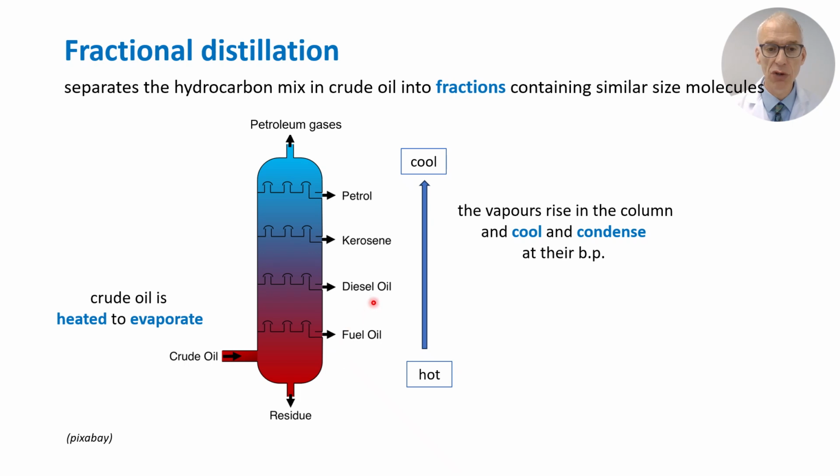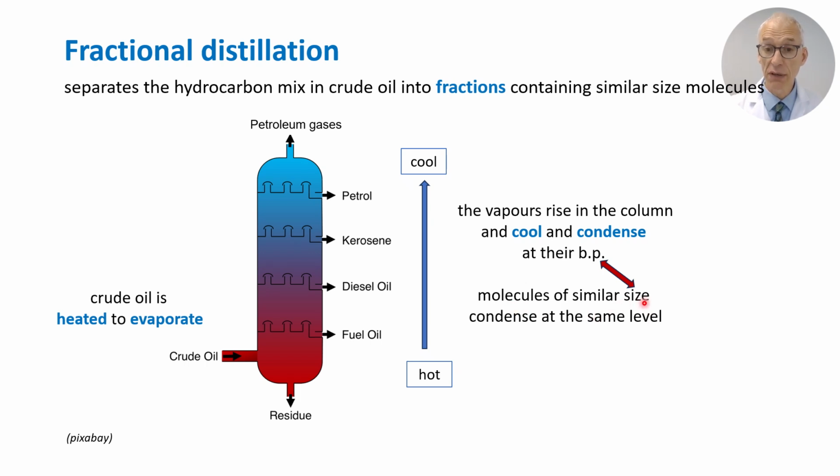Each of these groups of molecules have different boiling points because molecules of similar size, for instance those in the diesel oil fraction, will condense at the same level in the fractionating column, that is, condense at the same temperature, because there's a relationship, if you recall, between boiling point and molecular size.